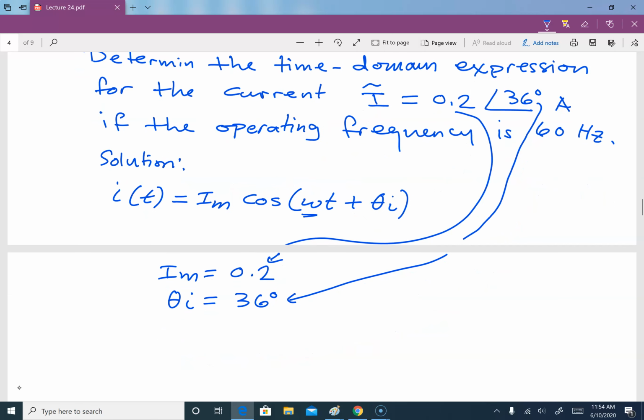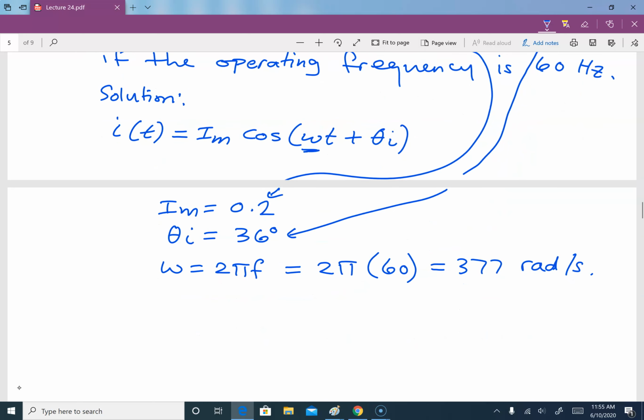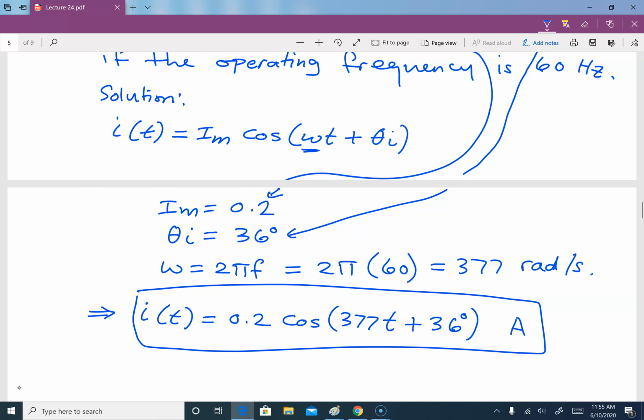And since we have omega, our omega is equal to 2 pi f, and that is equal to 2 pi, and the f is 60, and that is 377 radians per second. So now we can express our i of t. So i of t is equal to Im, which is 0.2, cosine omega, which is 377t, and our phase angle is 36 degrees. And this is the time domain expression.